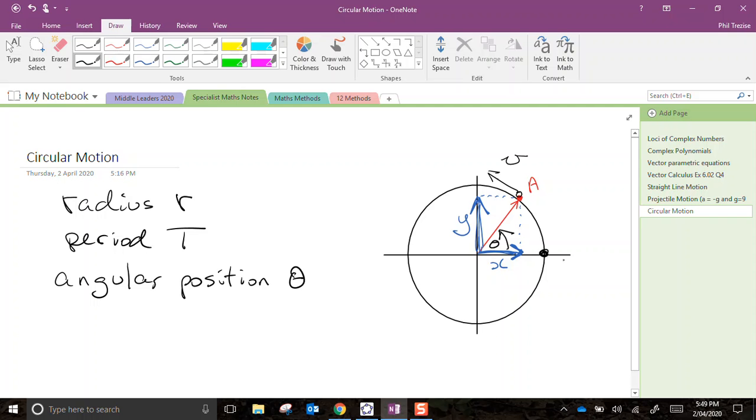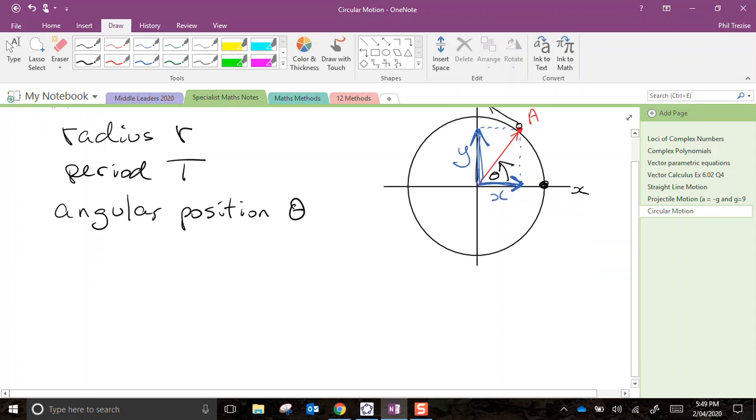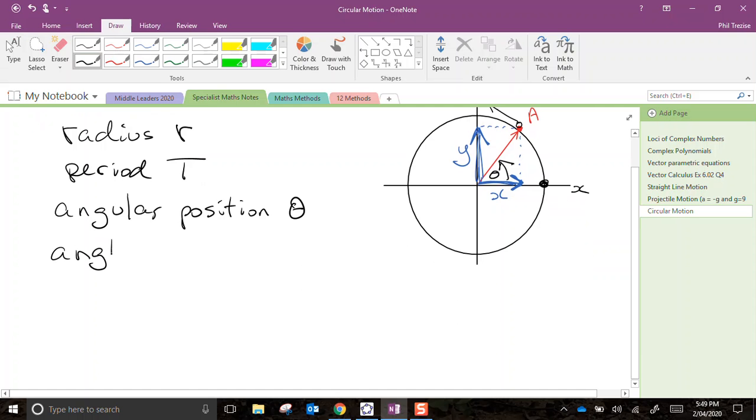Remembering where theta equals 0 is the x-axis direction, and one full circuit would be an angle of 2 pi in radians. Now, because we're moving, we could talk about the angular velocity, how quickly the angle changes.